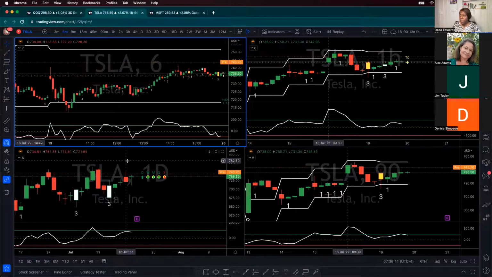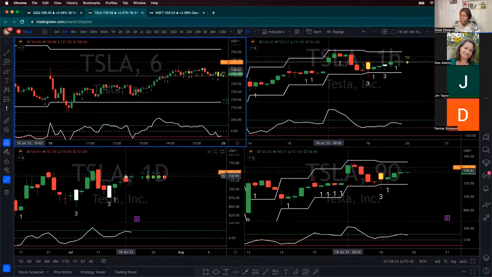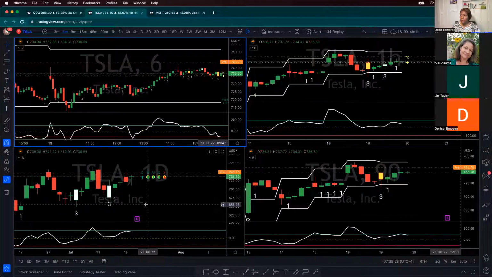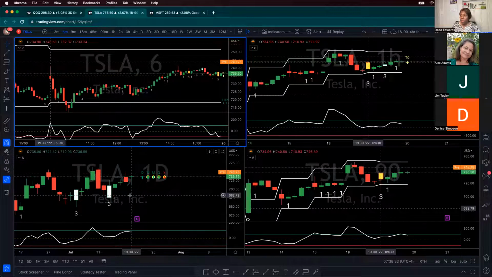We had this big two, sorry, went two up, closed down, right? We talked about that in the broader market. And so looking to see if we're going to get a 2-2 reversal. So 2 up, 2 down reversal, which fortunately I got. So I was able to profit.